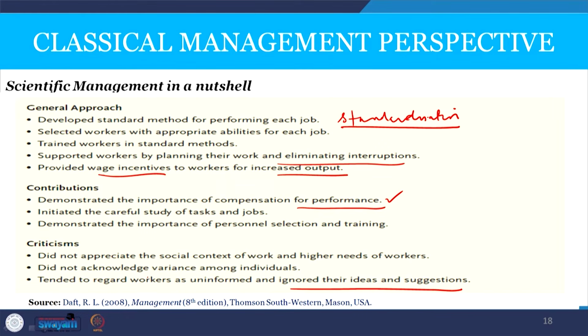It did not acknowledge variance among individuals. All individuals were treated at par. They did not appreciate the social context, the influence of environment and needs of workers and higher needs of workers. So, these were the major drawbacks or criticisms of scientific management.